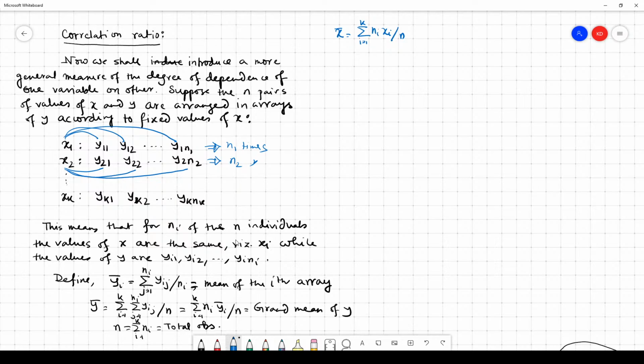If you look at this data set, x1 appears n1 times, x2 appears n2 times, and xk appears nk times.